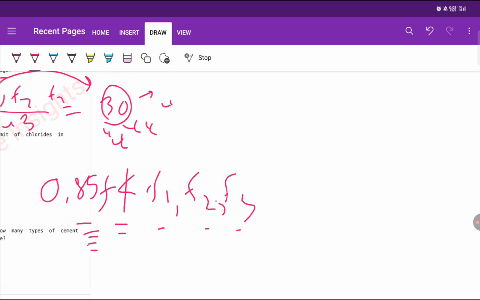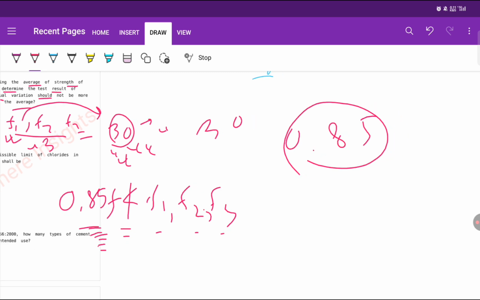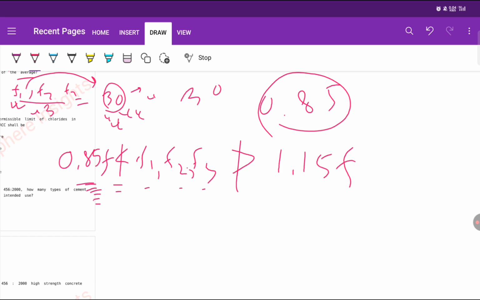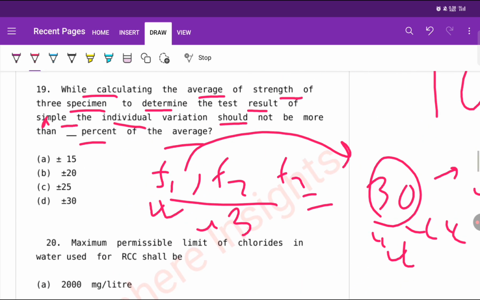And any individual value cannot be less than 0.85, and cannot be greater than 1.115 of f. Okay, that means 15%. It cannot be greater than this. So remember, it cannot be more or less than 15%. So option A will be the correct answer.